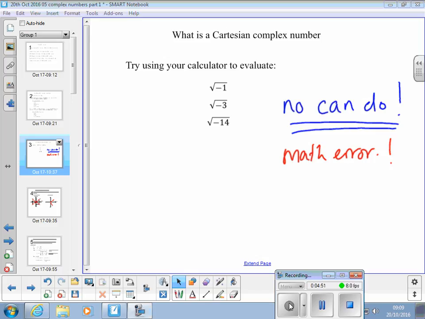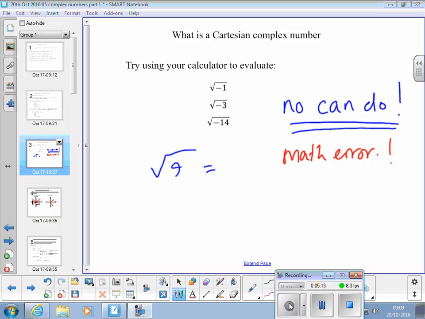What does square root mean? What is the answer to the question, the square root of a number? If I do the square root of 9, what's the answer to that? 3.